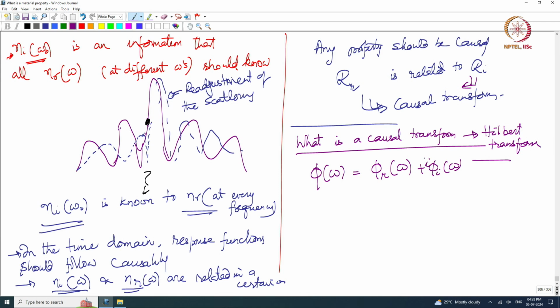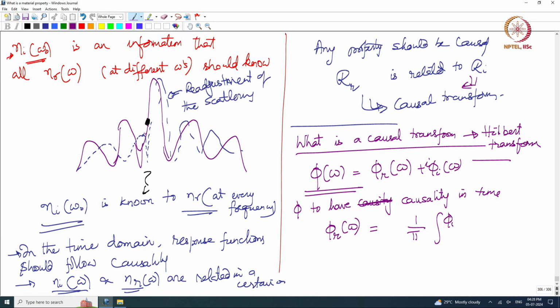For phi to maintain causality in time, what we need is that phi r of omega is a Hilbert transform of phi I of omega, which means phi r of omega can be written as 1 by pi integral of phi I of nu d nu by nu minus omega, and I integrate over nu from minus infinity to infinity.